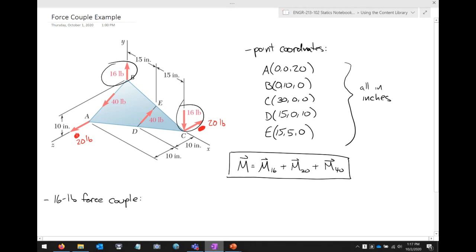The z-axis, exactly right. So we're going to say method 1, by observation.